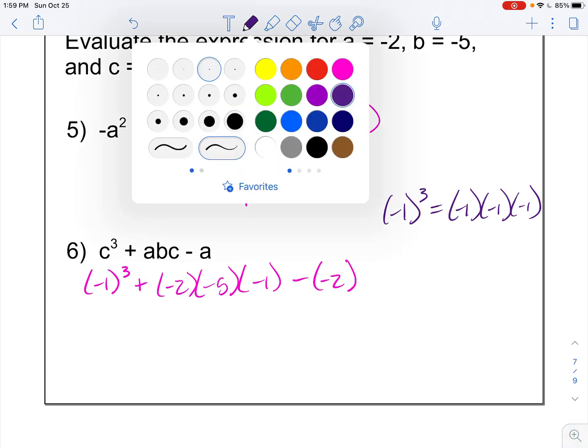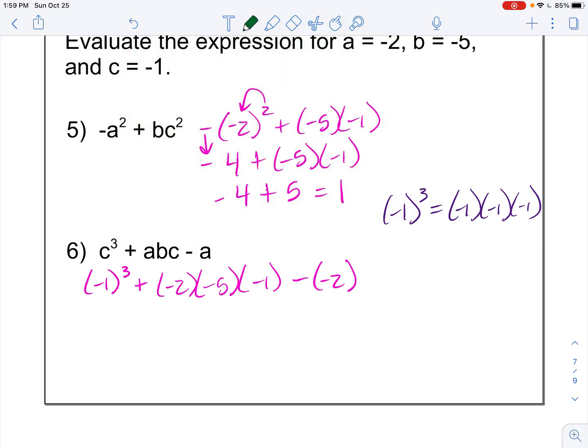Remember, they cancel out in pairs. So these are going to cancel themselves out. So actually negative 1 to the third is negative 1, because positive 1 times positive 1 is positive 1, and positive 1 times negative 1 is negative 1. So this actually ends up being a negative 1. And I'm going to rewrite everything else. Whoops, lost the negative.